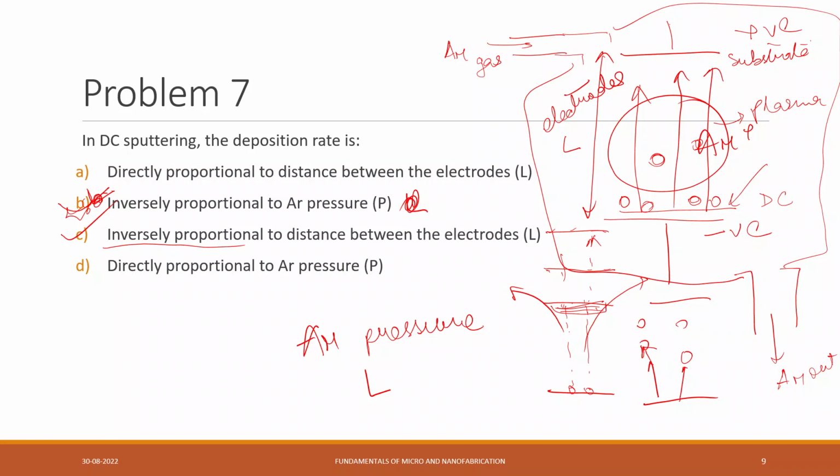By less mean free path, it means the material will collide with a lot of molecules, and reaching the substrate is very hard. When we have a higher vacuum, meaning lower argon pressure, it will be more or less empty, so it can directly reach here. So it is inversely proportional to argon pressure. So B and C are the right ones. Hopefully I'm clear.